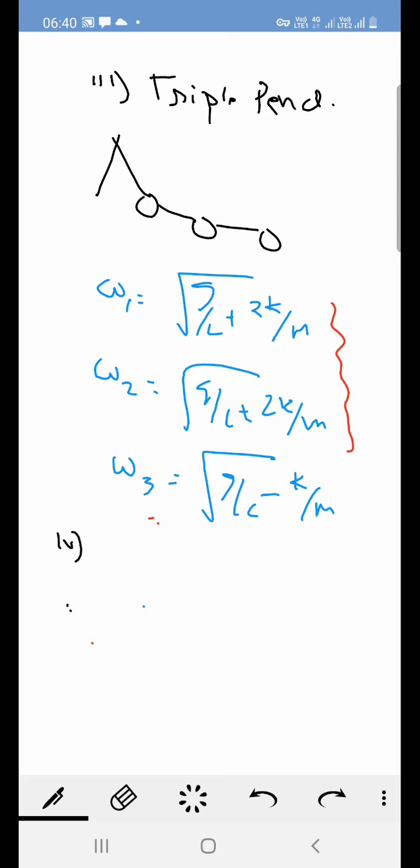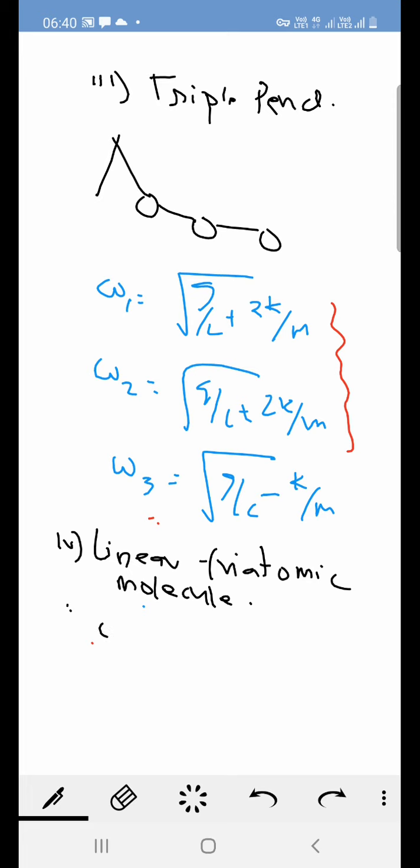What about the linear triatomic molecule? We know that the molecule is not fixed, it is always in vibration. So if we have a linear triatomic molecule, what will be the modes of frequencies in it?